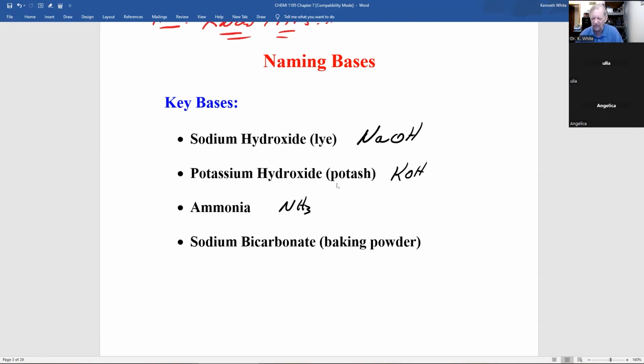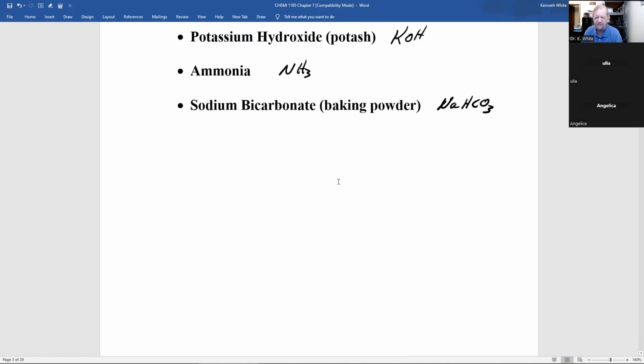And finally, sodium bicarbonate is NaHCO3. If I put down NaOH, is that an acid or base? You should know that's a base. If I put down KOH on a test, 2 points, is that an acid or base? You should know that's a base. Also, ammonia, NH3, is a base. And finally, NaHCO3, sodium bicarbonate, baking soda, is a base.